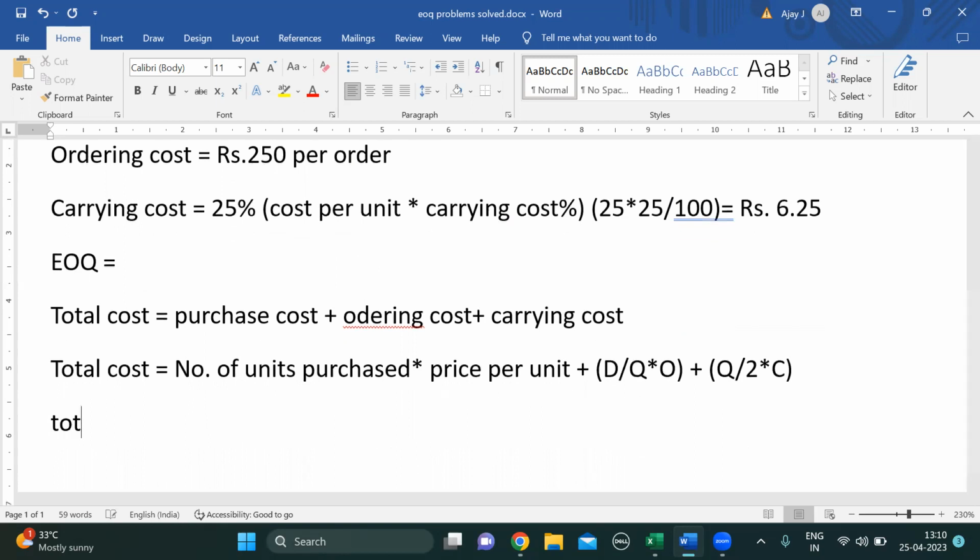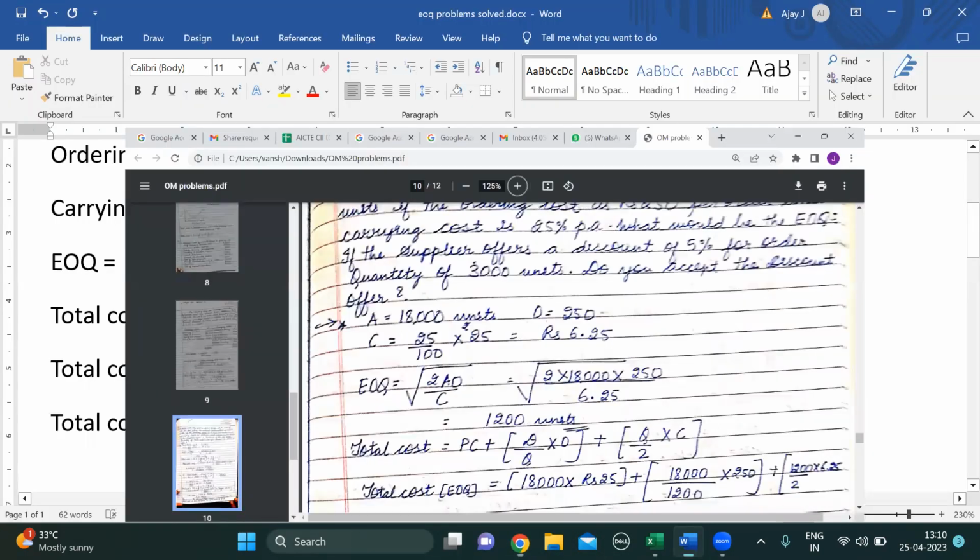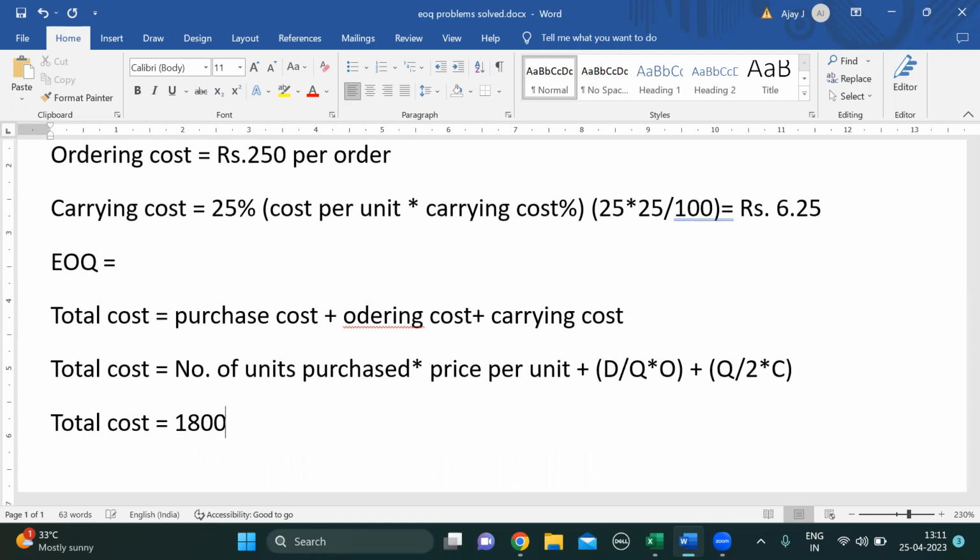So total cost is equal to number of units purchased. 18,000 units is the annual requirement, so we'll purchase 18,000 units into rupees 25 per unit. This will give us our purchase cost. Plus we'll see the ordering cost.